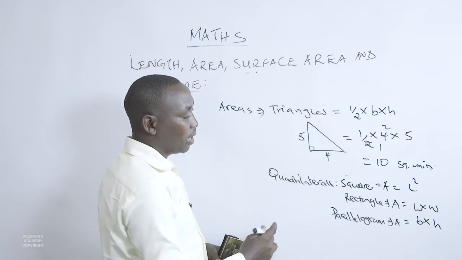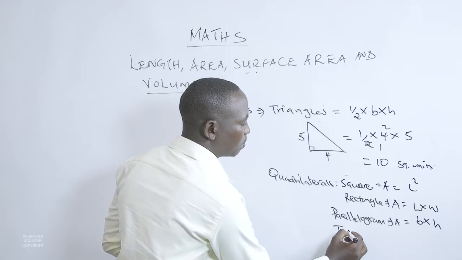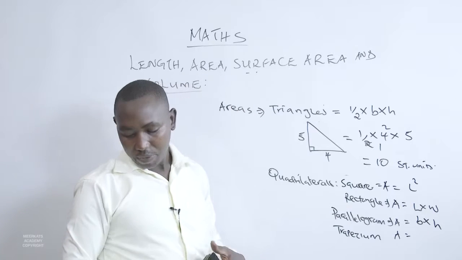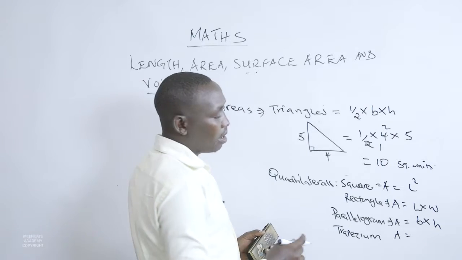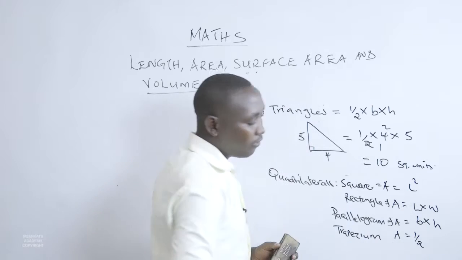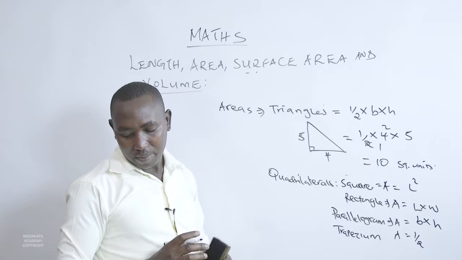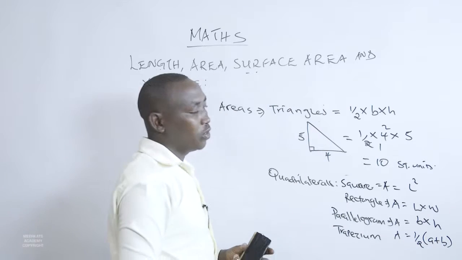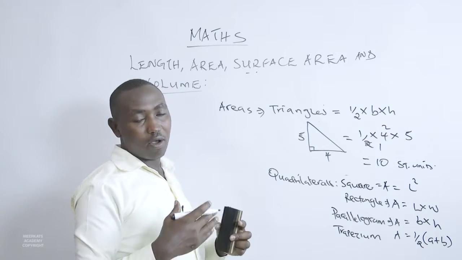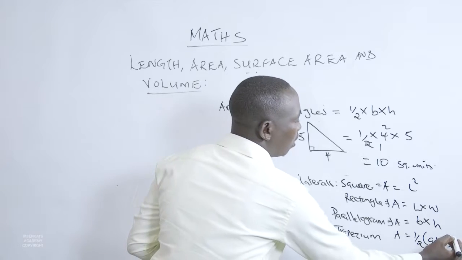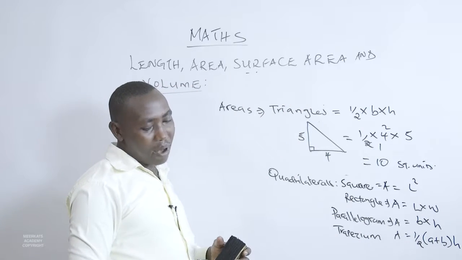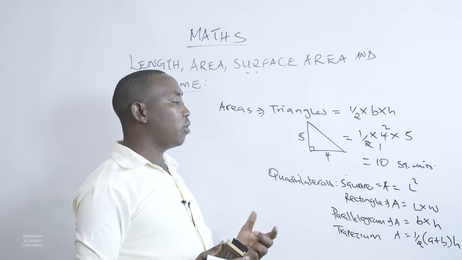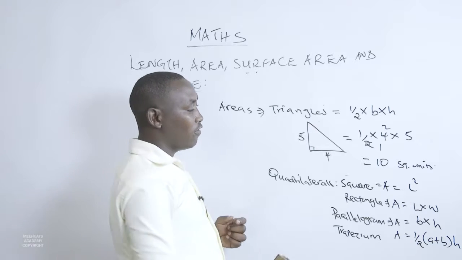We also have a trapezium, and we say that for a trapezium, area will be given by a half multiplied by the sum of the 2 sides, that is the longer side and the shorter side, all multiplied by the height h. We are also able to look at how we can find the area of a rhombus.